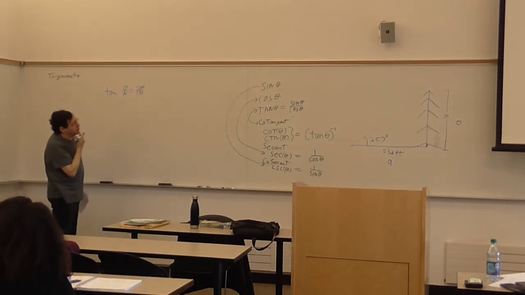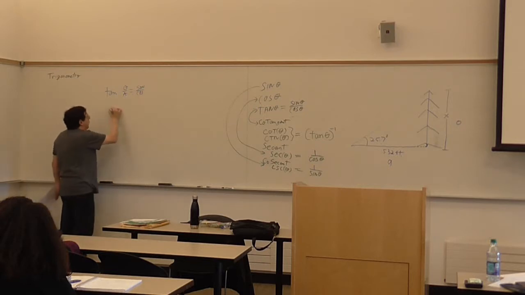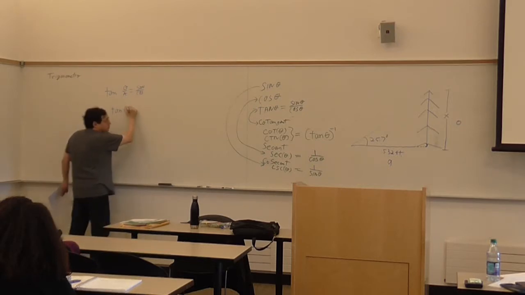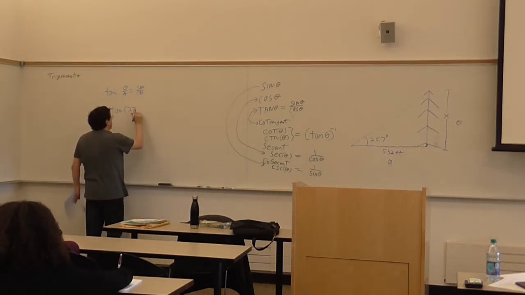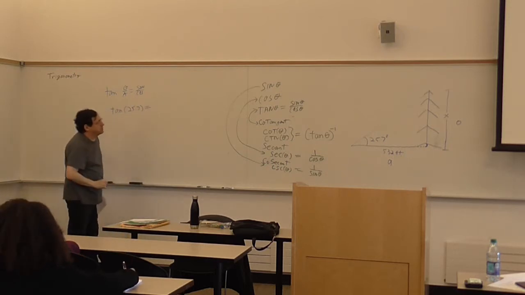Okay, so let's set up that equation. So the tangent of 25.7 degrees is equal to what?